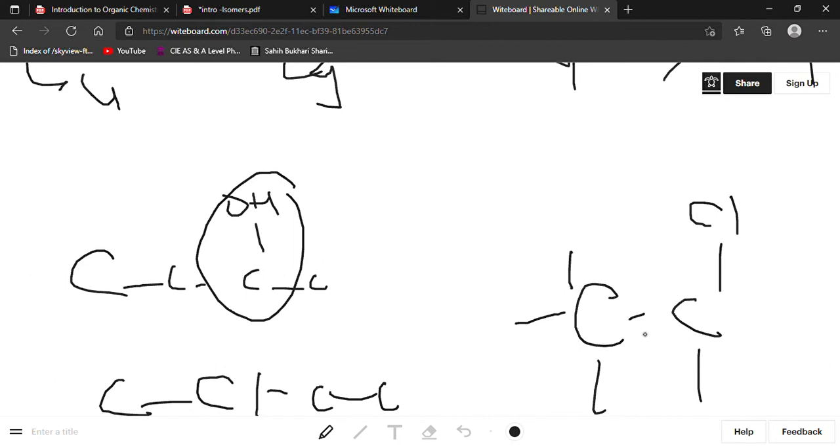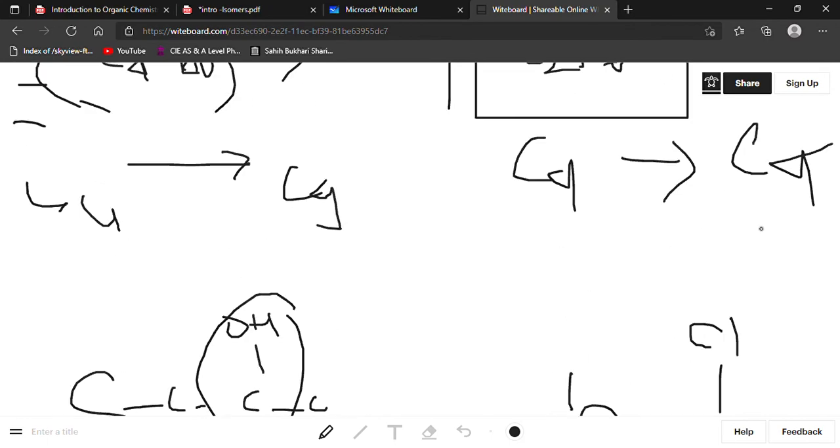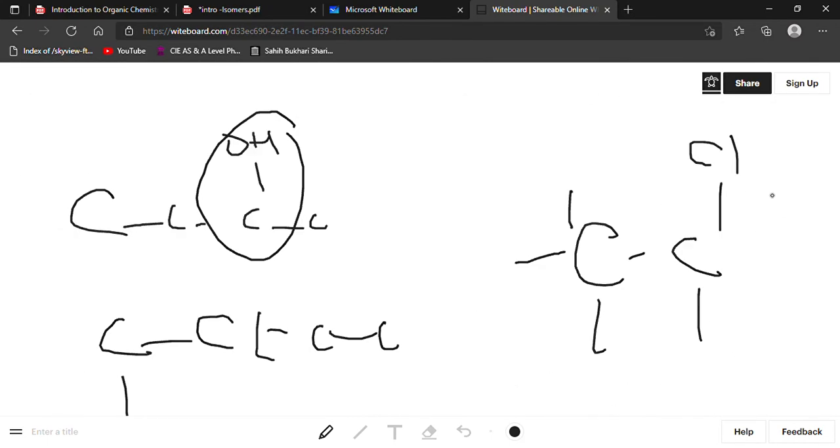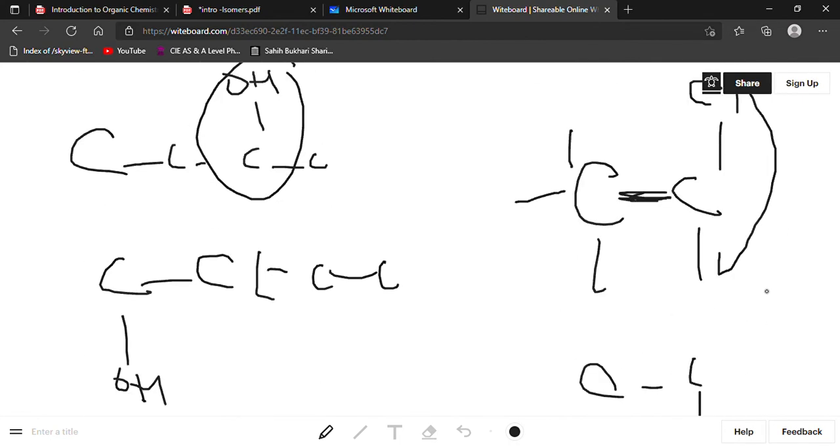So this chlorine can actually come here and be back there again, because this single bond is freely rotating. It doesn't matter whether you put the Cl here or here in the structural formula. In structural formula, this was the same.